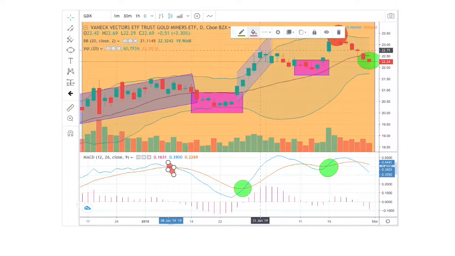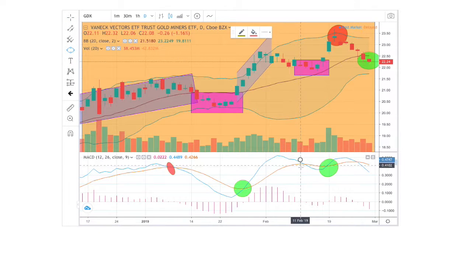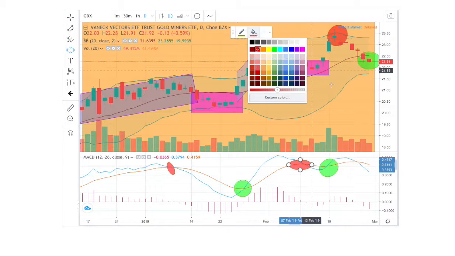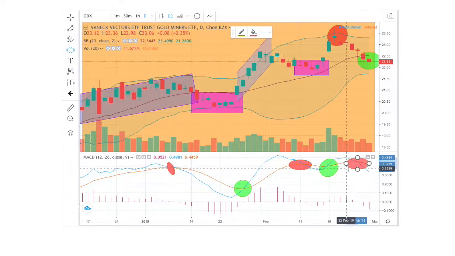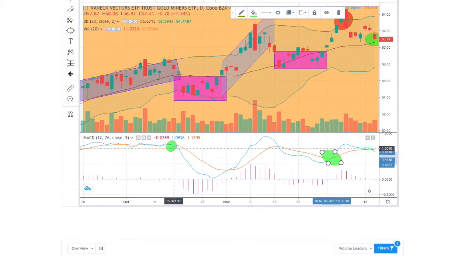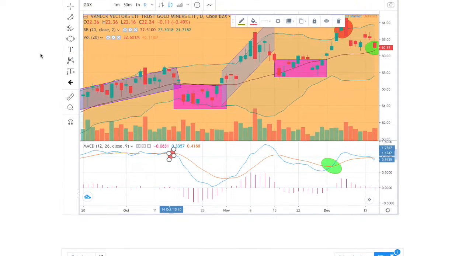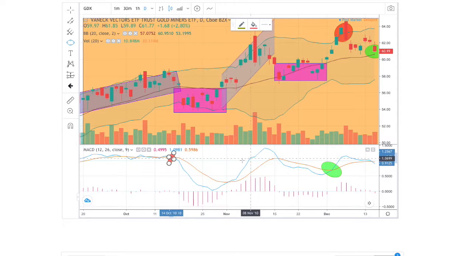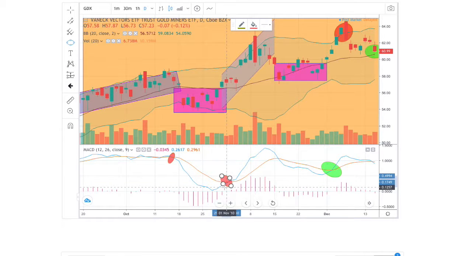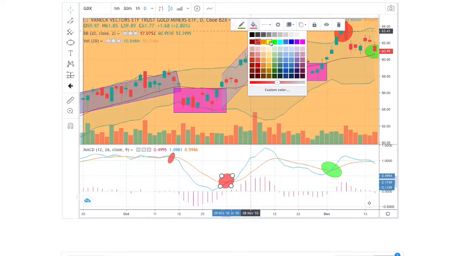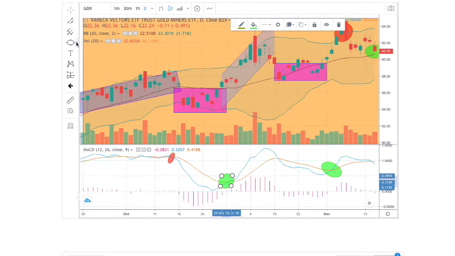So make this red. And another divergence is here. And another divergence is here as well. So we have 3 divergences. Make this red. Make the green kind of convergence here. This is the divergence.